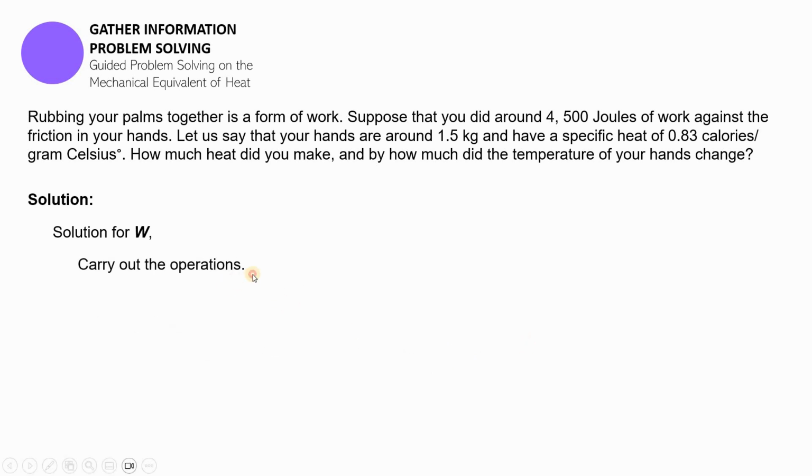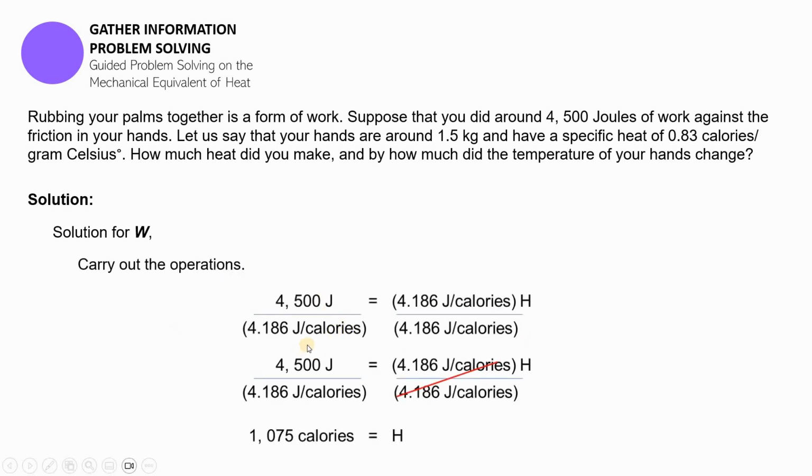All right. Now, carry out the operations, and you will see that with the substitution of the givens, you can actually first cancel out this component over here. So it gets cancelled out. Tapos yung magiging result nito is 1,075 calories.